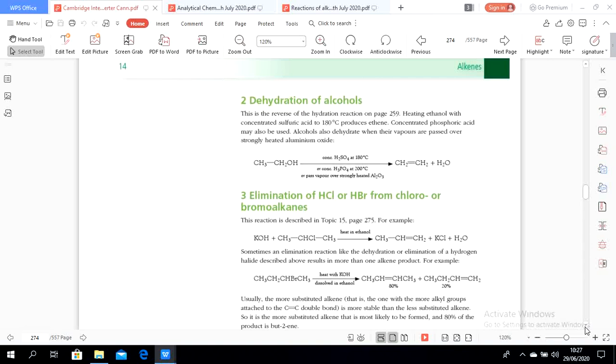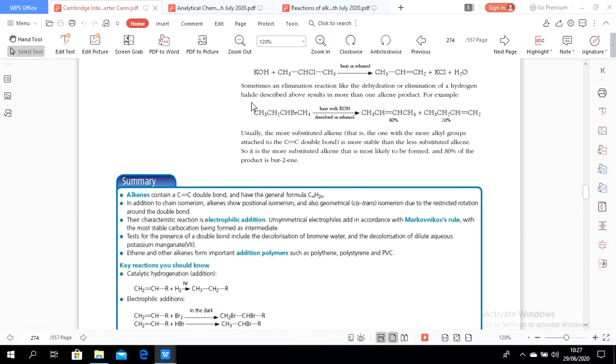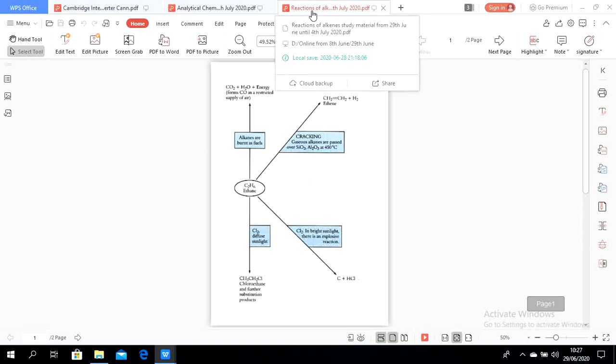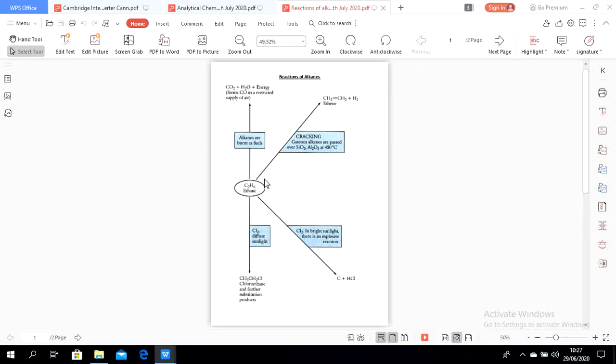And then elimination, also elimination of the halogenoalkane will produce alkene. This one, the reaction, I have made into a summary. I summarize, of course, the summary is not complete. You have to complete it. So this is like the diagram of how to make the mind map.